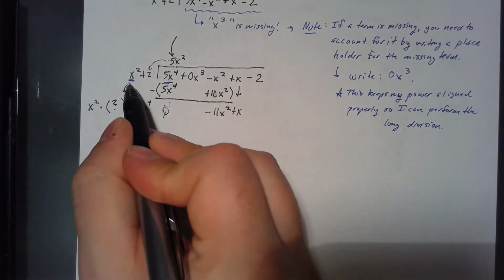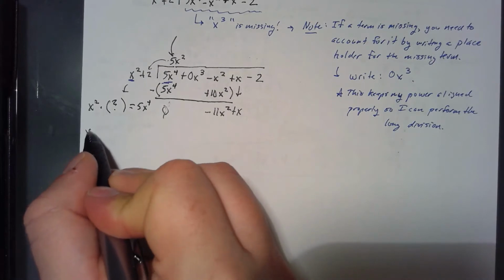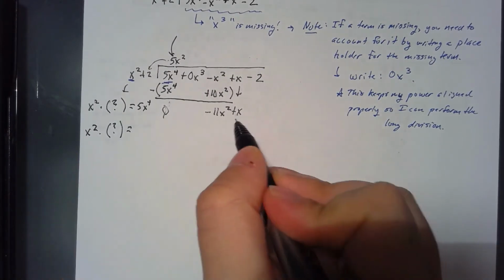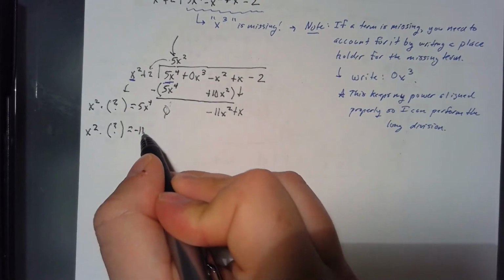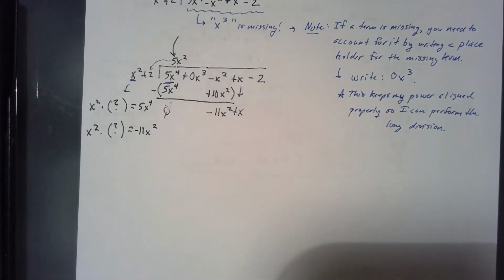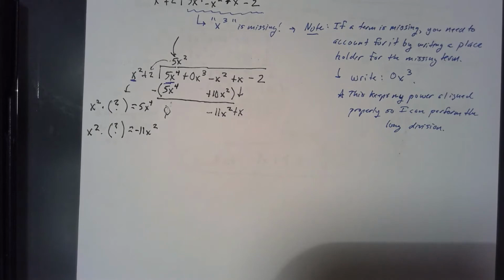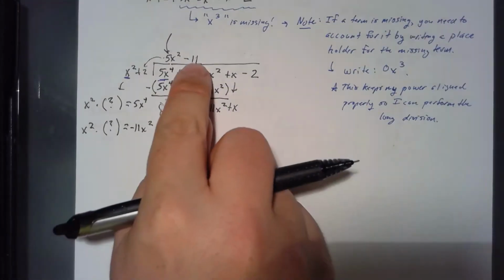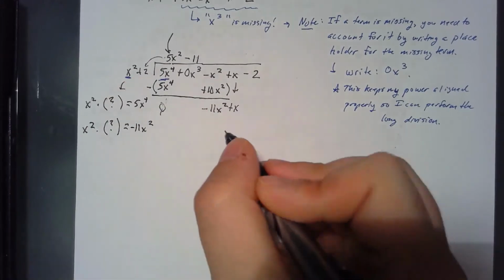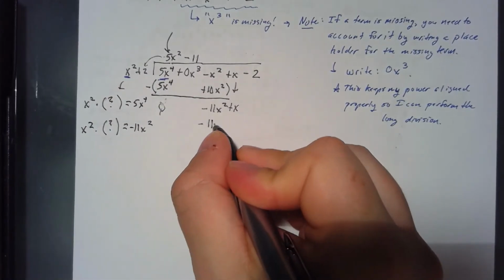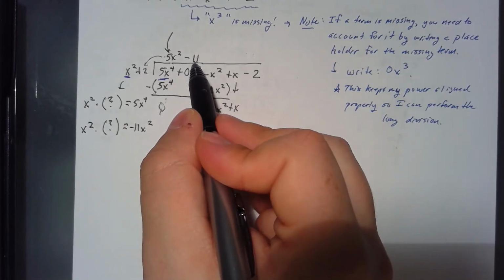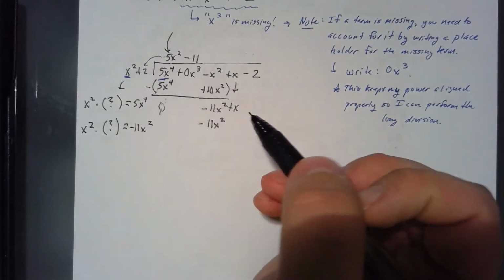So x squared times what gives me negative 11x squared? Negative 11, right? That goes in my quotient. So negative 11 times x squared is negative 11x squared. And then negative 11 times 2 is negative 22.